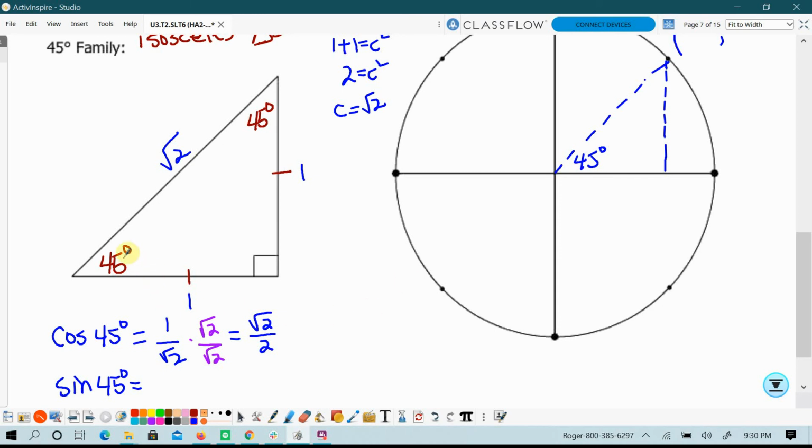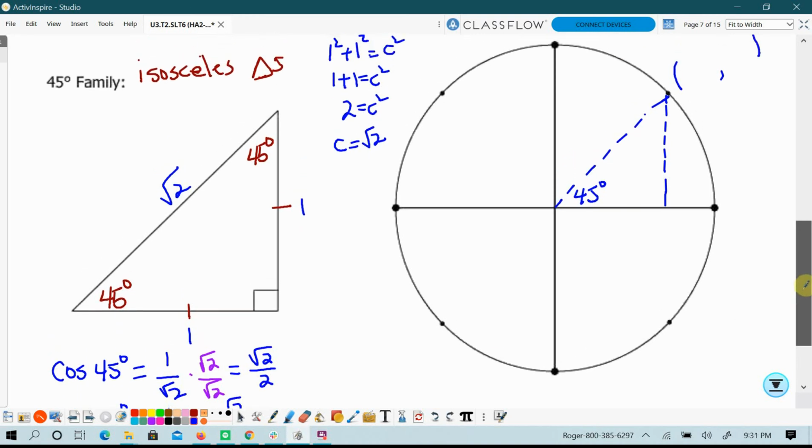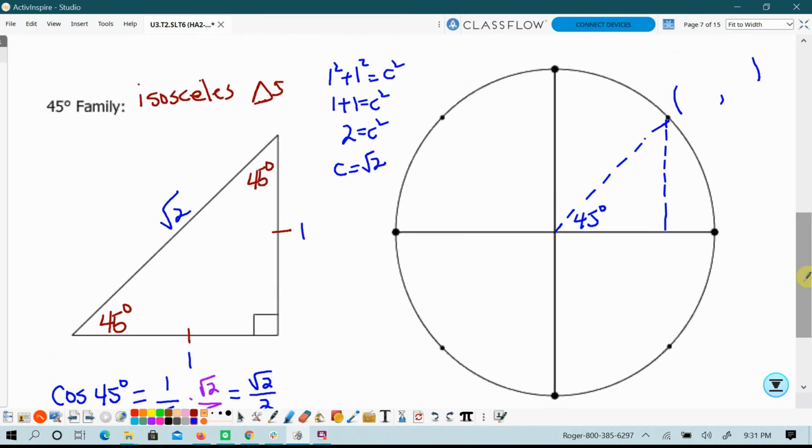Now, for the sine of 45 degrees, the opposite side over the hypotenuse is the same ratio, which is excellent for us because we just did the math above, so we know that that too will be the square root of 2 over 2. Okay, now I have the sine and the cosine of 45 degrees. I can now write the coordinates there.